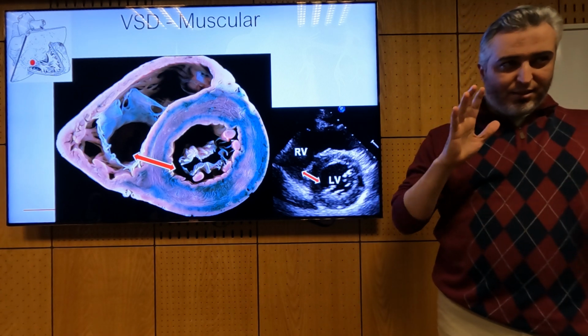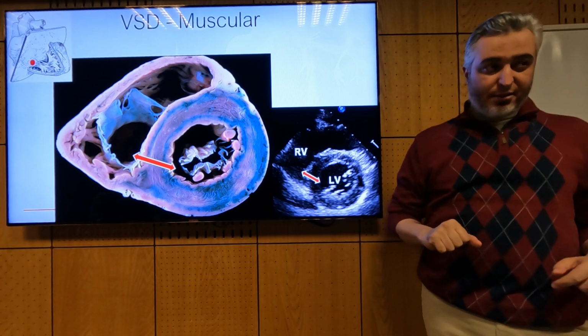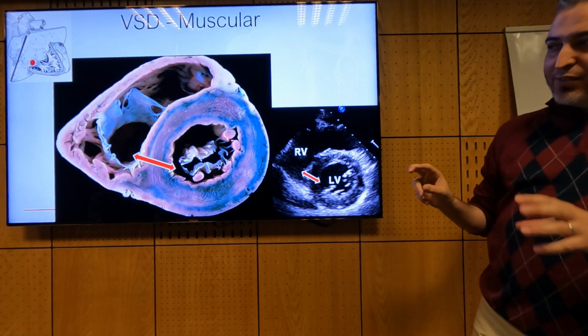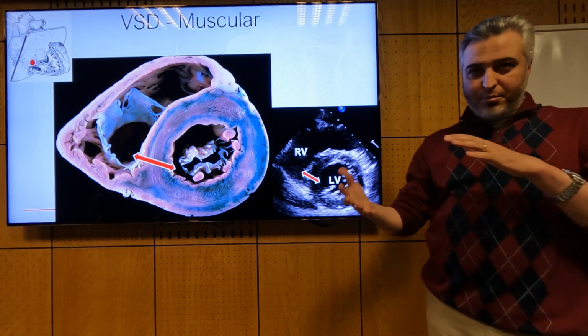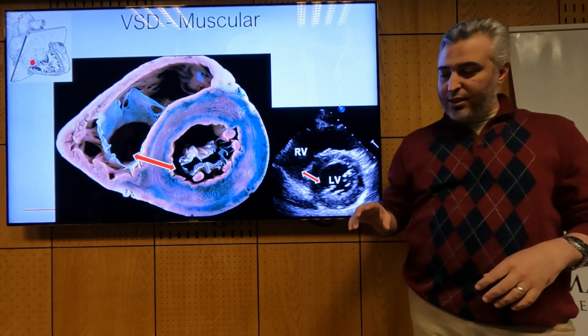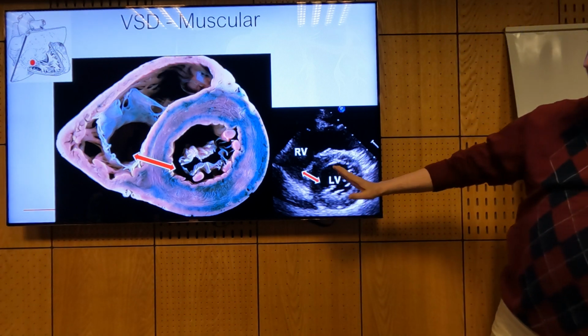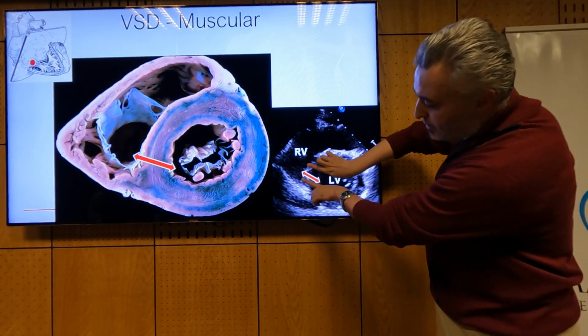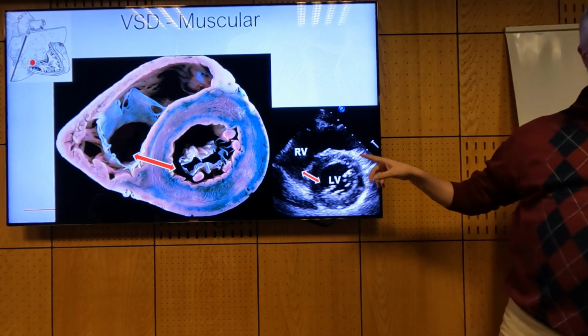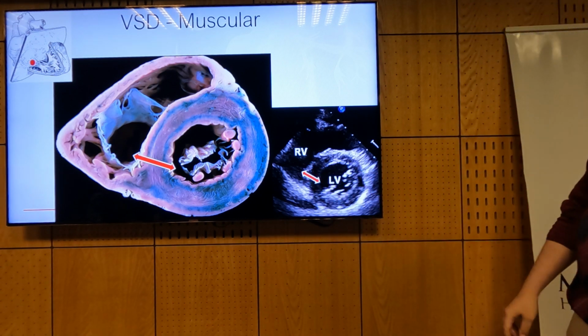So you have to have a plan when looking for VSDs. So if there's a relatively small VSD that is hidden behind trabeculation, and then you can see on echo that there's a jet or a defect at that part. So where would you look?